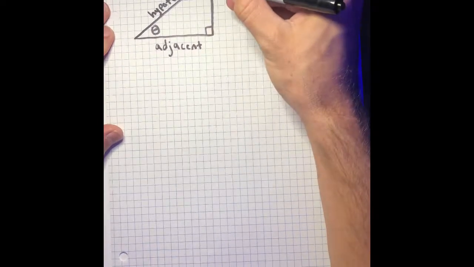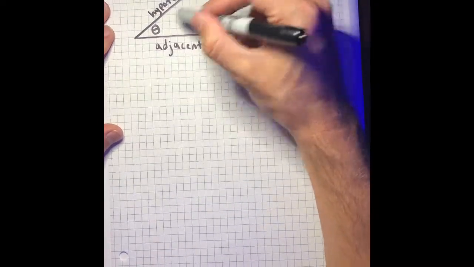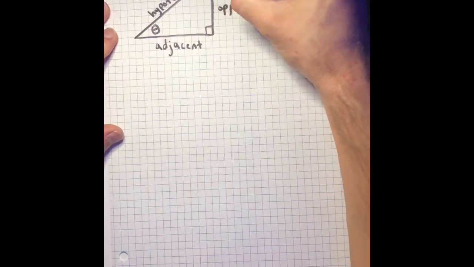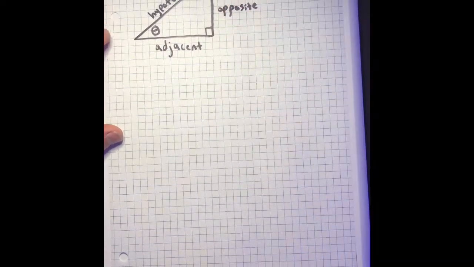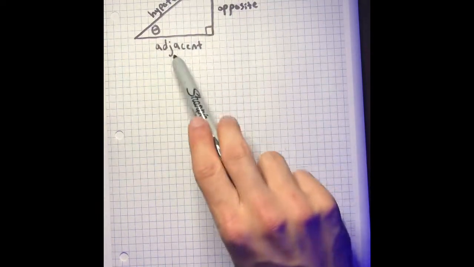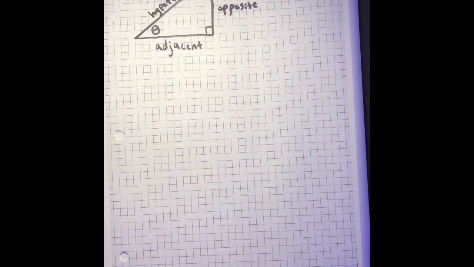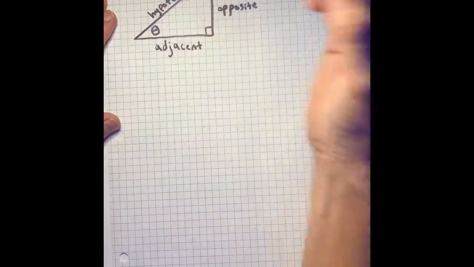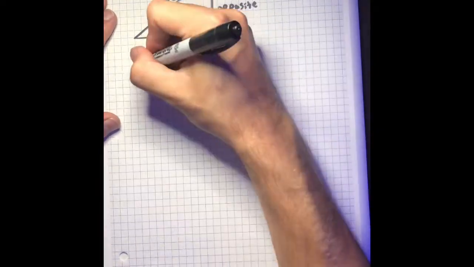And this side here is very far away from theta. So we're going to call this side the opposite side. Now, the trig ratios are nothing more complicated than just some of these ratios compared to each other. So let's look at the first ratio that we tend to learn about.